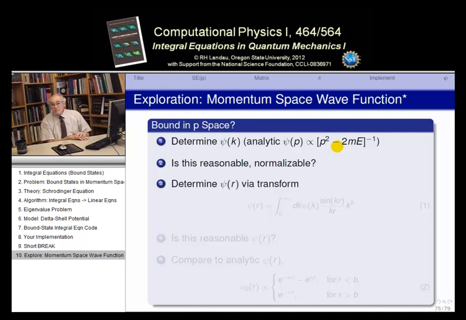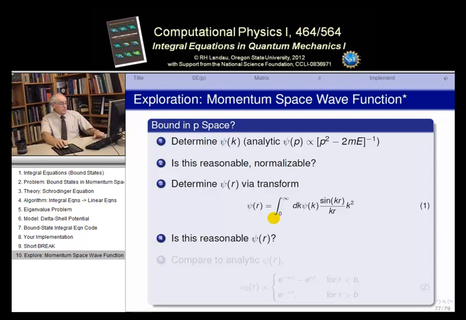Then, if you have your momentum space wave function, you think it's reasonable, transform it. Here's the equation using all the normalizations we've used, the definitions. This gives you the momentum space wave function conversion to the coordinate space wave function. We haven't normalized them in any particular way, but that's not an issue. Then look at the drop-off in coordinate space.